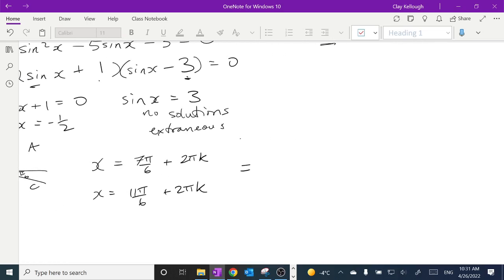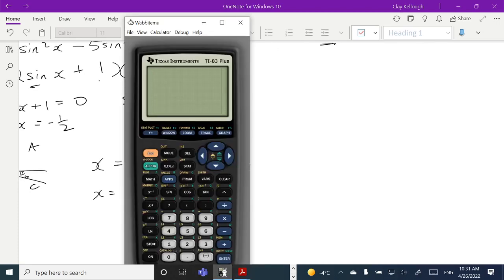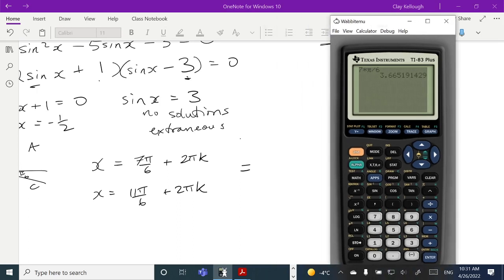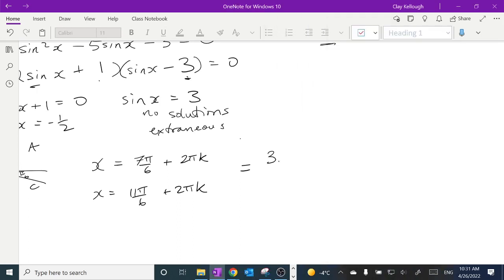So I would take out my calculator and I would change this to decimals. So, open my calculator, clear everything else, 7 times pi divided by 6. So 3.67. So that's 3.67 plus 6.28k.